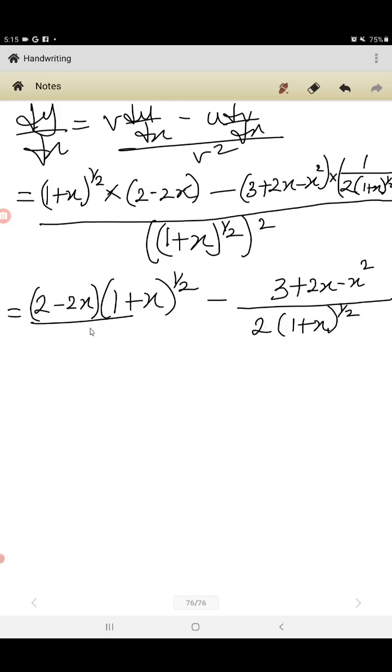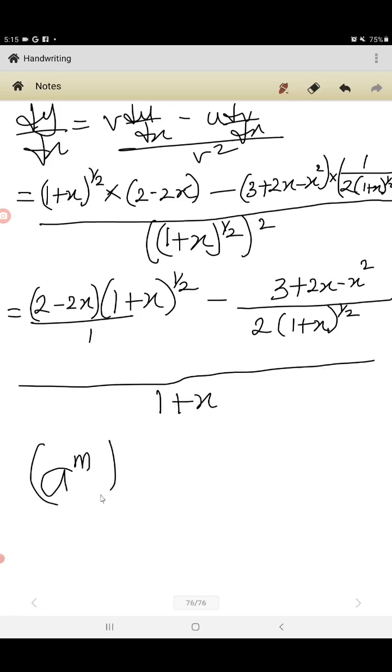This is over 1 already, divided by 1 plus x. Do you know the reason? The reason is this half, by the law of indices, that says a raised to power m, at the same time raised to power n, will give you a raised to power m times n, which is a raised to power mn. So the law is applicable to this place.